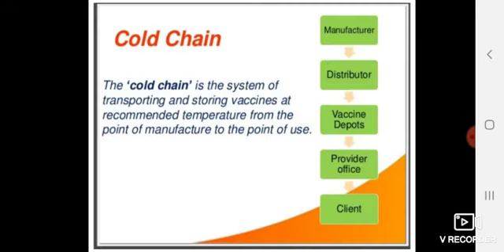So we are going to discuss another topic. This may be asked as a short question, or sometimes as a 5-mark question; the university has asked it. So what is cold chain?